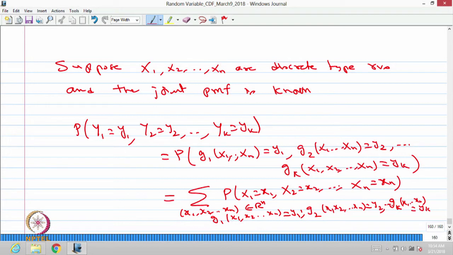So this is the joint probability mass function of the k-dimensional random variable y1, y2, so on, yk.